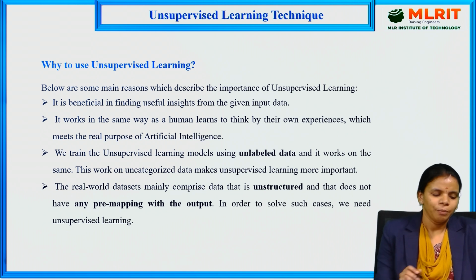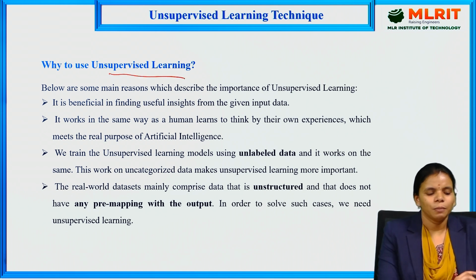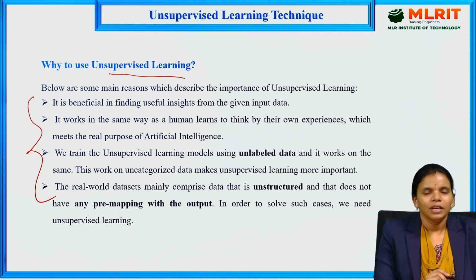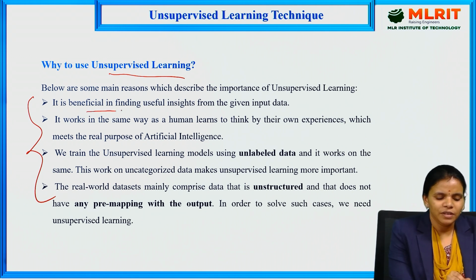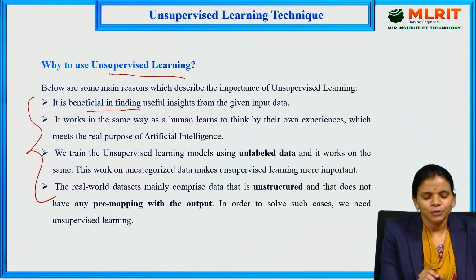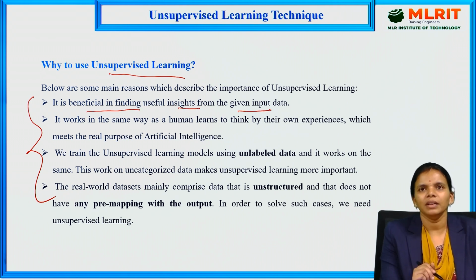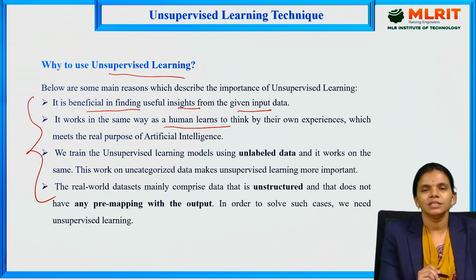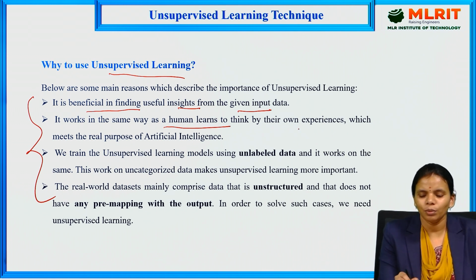So coming to why we need to use this unsupervised learning technique. These are the reasons. The first one is it is beneficial in finding useful insights or useful hidden patterns from the given input data, and it works in the same way as humans learn to think by their own experiences.